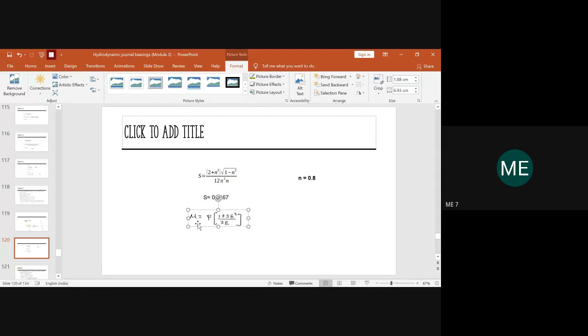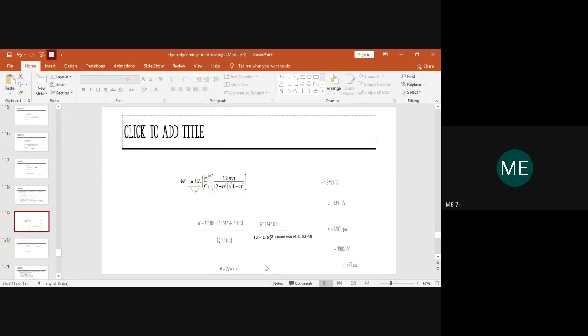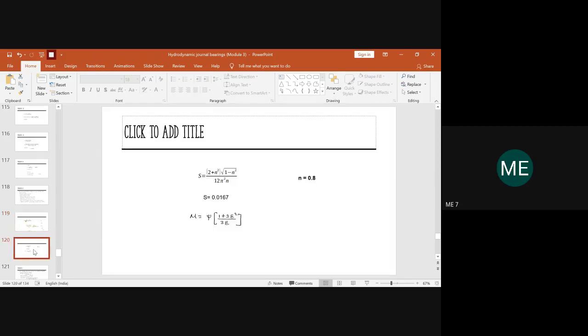And coefficient of friction here we represent as small f. Small f is equal to chi into (1 plus 2n square) upon 3n. So use this equation and find out the coefficient of friction. The chi value we have determined is 1.2 into 10 raised to power minus 3.